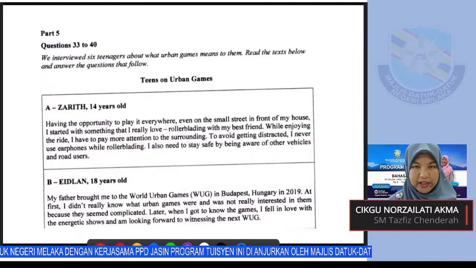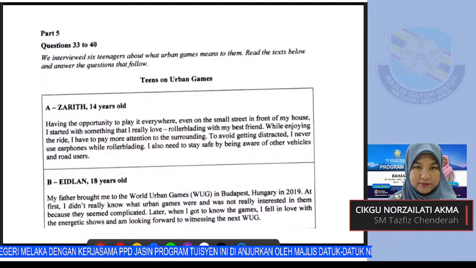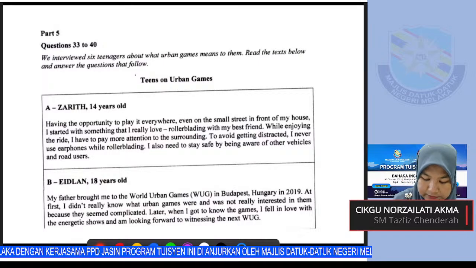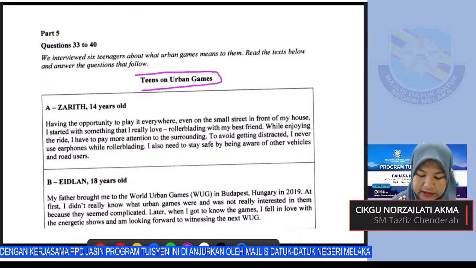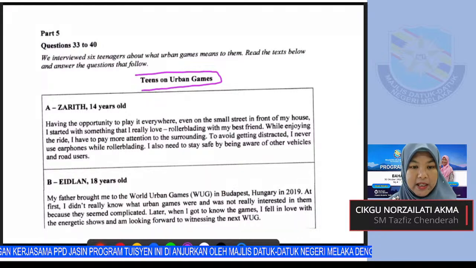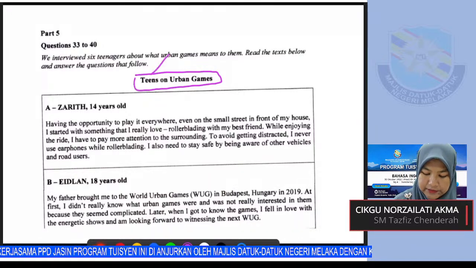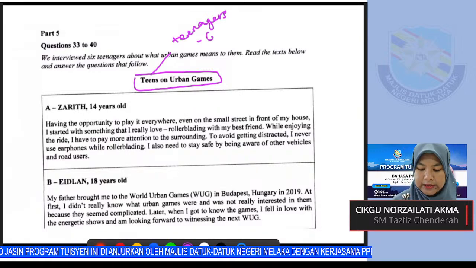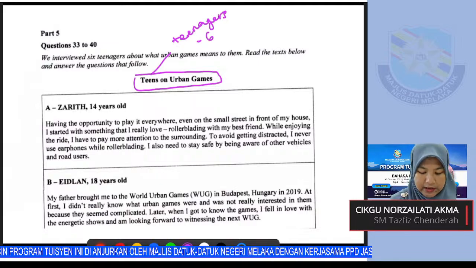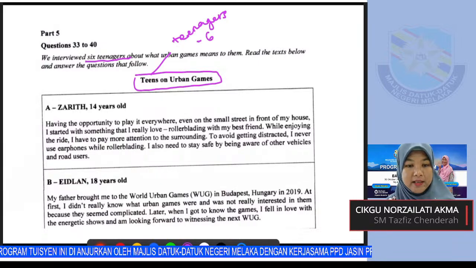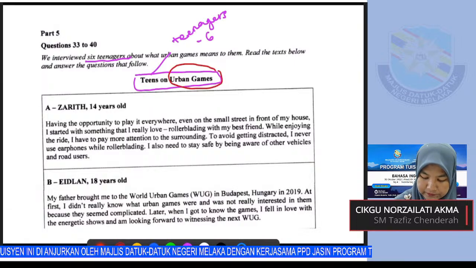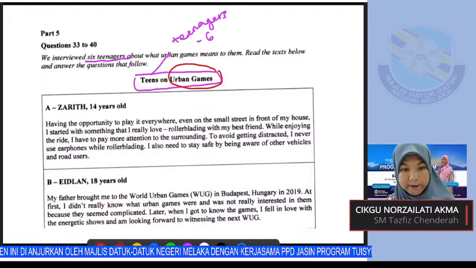We have identified the situation from the sample, so you should have ideas. The title here, Teens on Urban Games. Teens here refers to the teenagers. How many teenagers? 6, because it is mentioned here, 6 teenagers. The topic will be urban games.